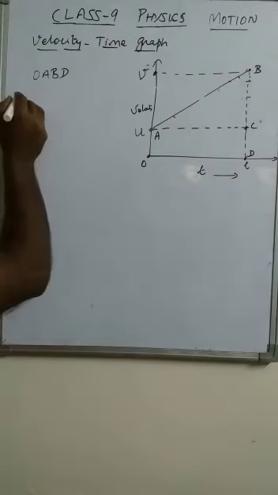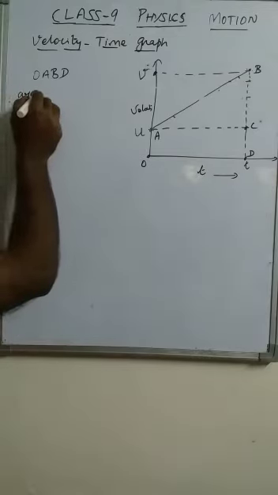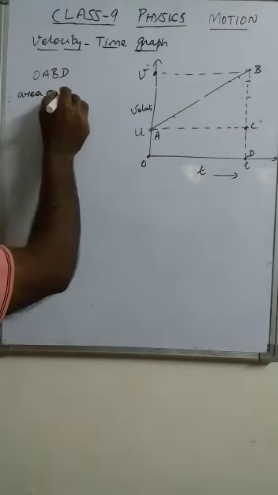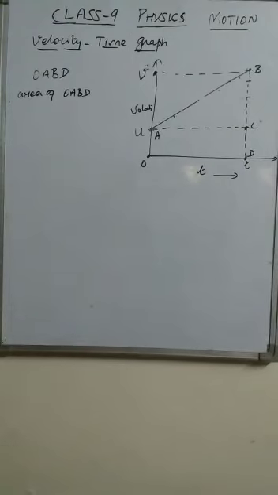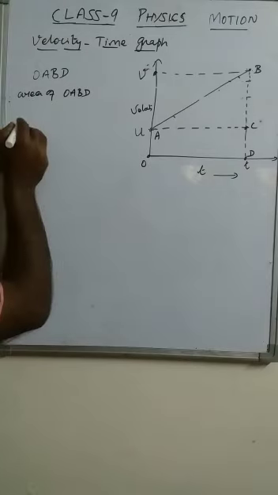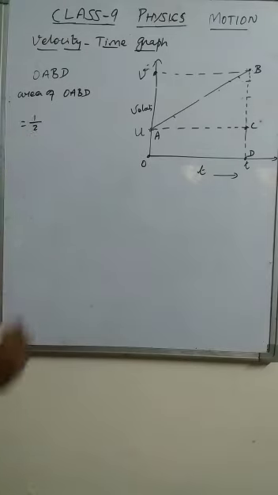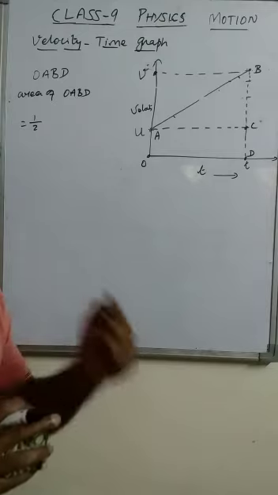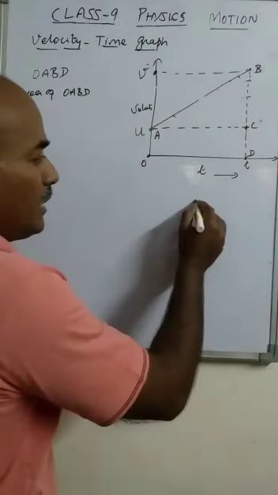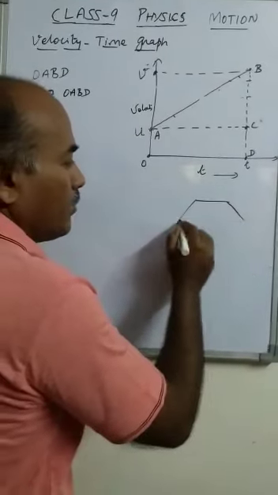If we find the area of trapezium OABD, you know the formula for the area of a trapezium, that is half into height into sum of parallel sides. This is equal to half into height. Instead of saying height, you can say it is the distance between two parallel lines. This is a trapezium.